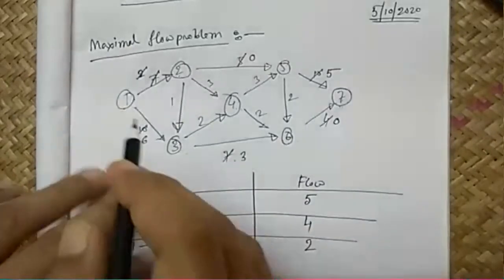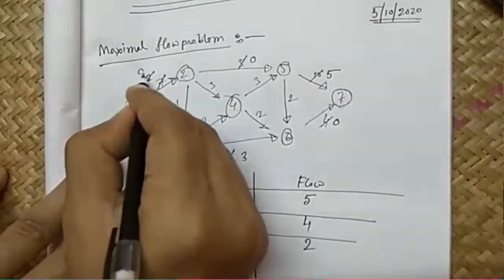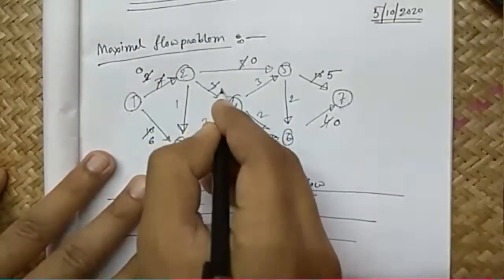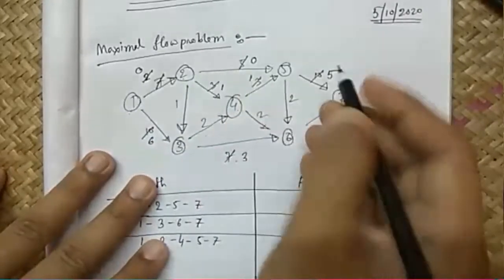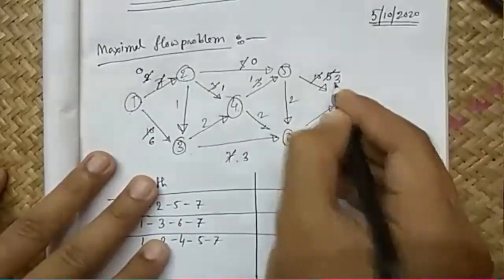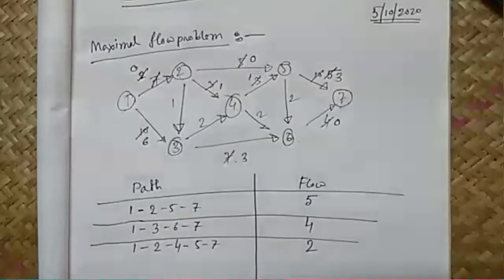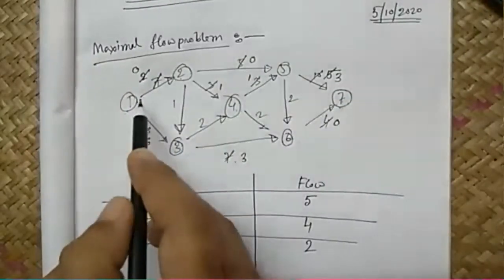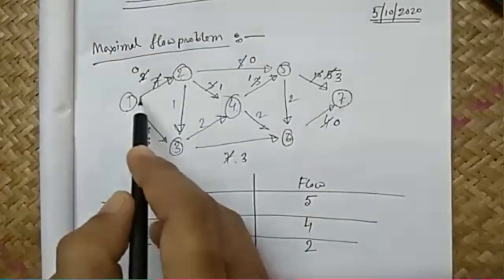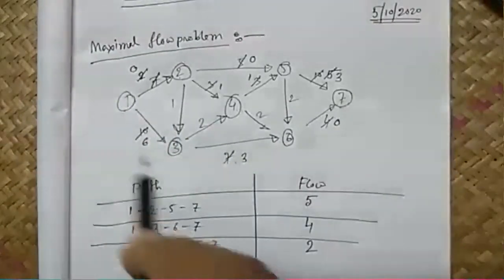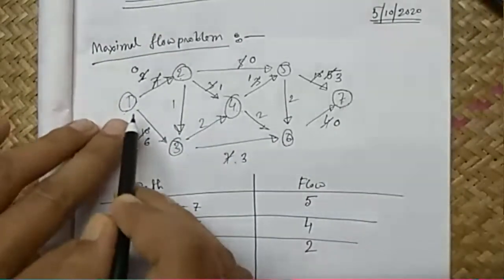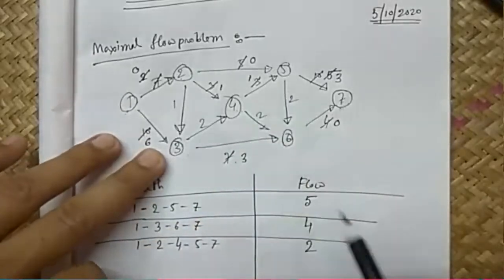Now we'll update the capacities. This capacity becomes 0, this becomes 1, this becomes 1, and this becomes 3. Now this path is again closed. Now we have to look for the other paths. This 1 2 is also closed, so we do not look for 1 2. So we have left only 1 3 and 5 7.